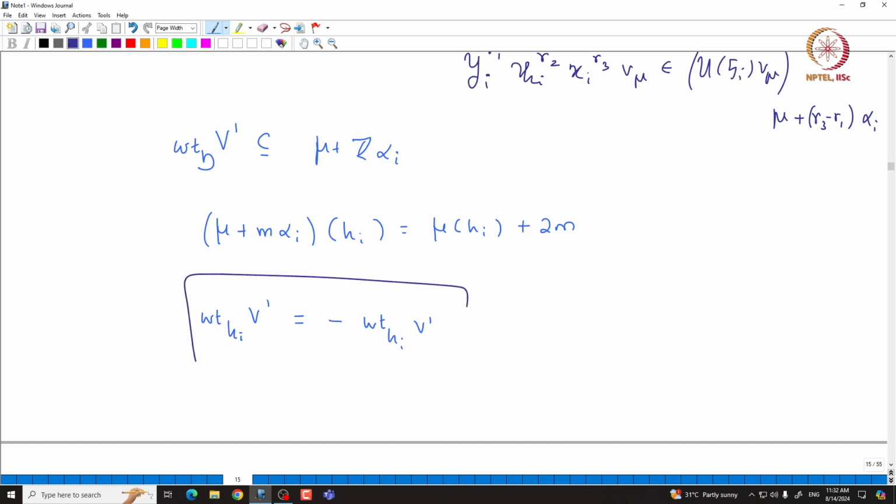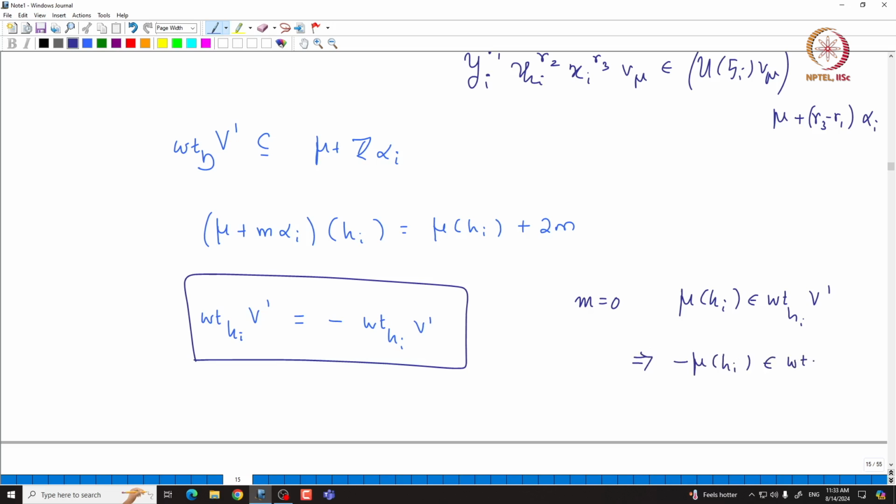As an SL2 representation, if you consider HI weights, which are HI eigenvalues, there is a symmetry for any finite dimensional representation. So, for V dash also we have the symmetry. So now that tells you that, for example, if m equal to 0, you are getting mu of HI, which is going to be the weight of V dash with respect to HI. Then that forces that minus mu of HI also must be a weight of this V dash.